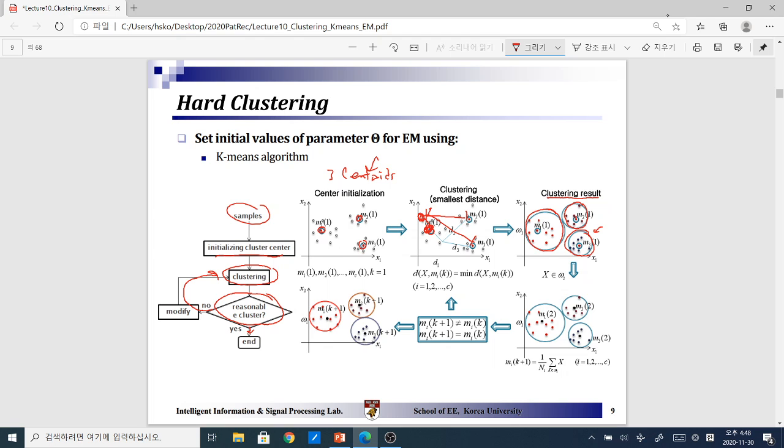So this will be the cluster result by performing a distance measurement of each of the instances to the three initialized centroids.